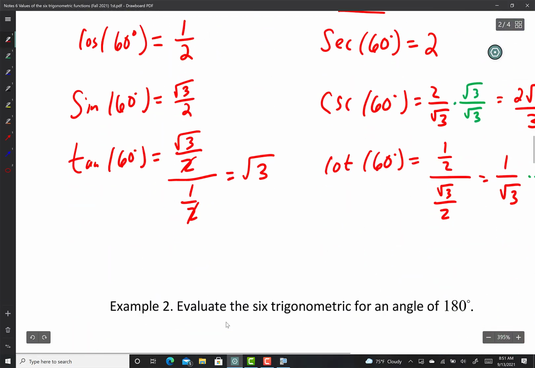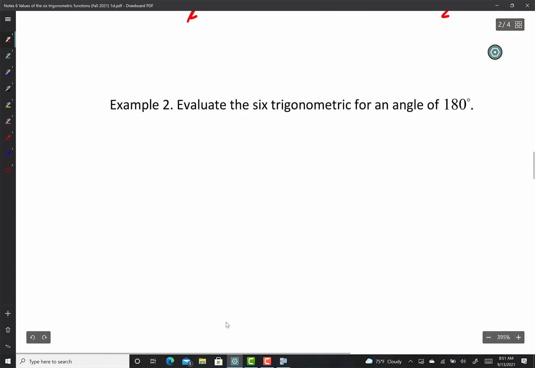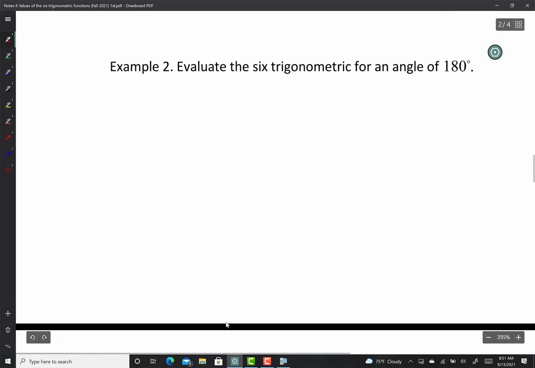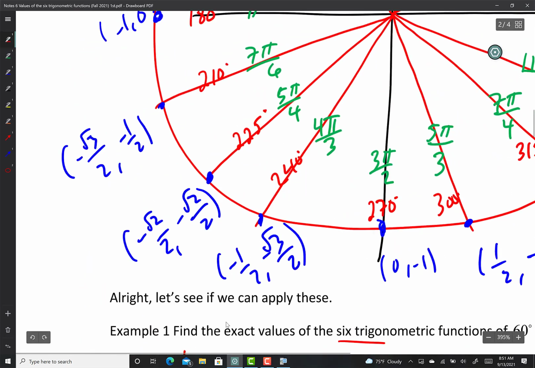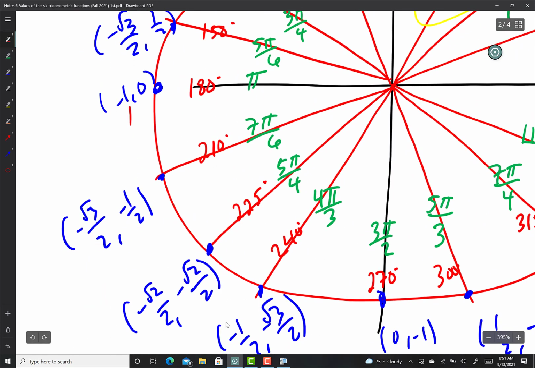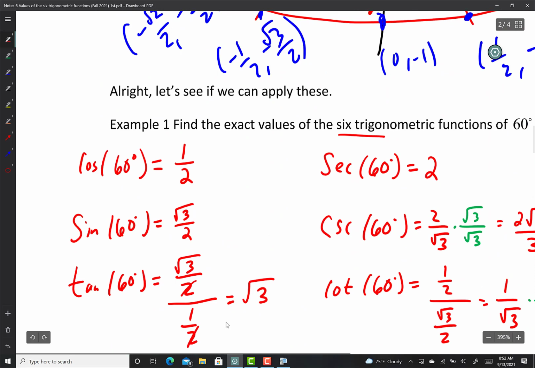All right, so here we go. Evaluate the six trig functions for the angle 180. So we're doing the same thing, but at 180. We're going to be looking at that unit circle over and over again. So what should we do first? Cosine of 180 degrees. I go to my unit circle. Cosine is the x. At 180 degrees, what is that x coordinate? -1.